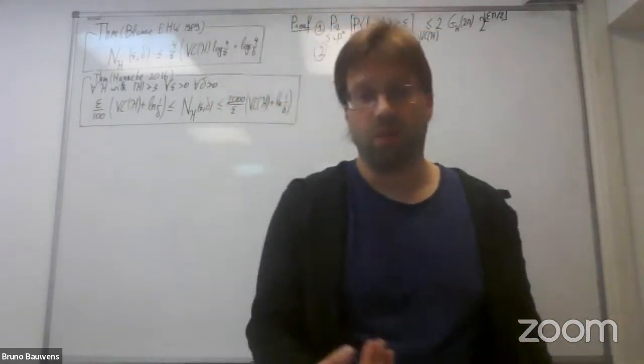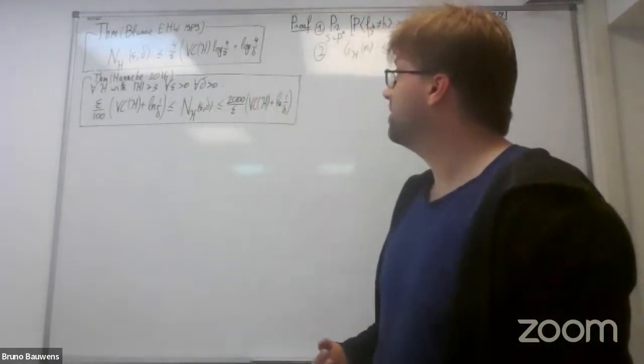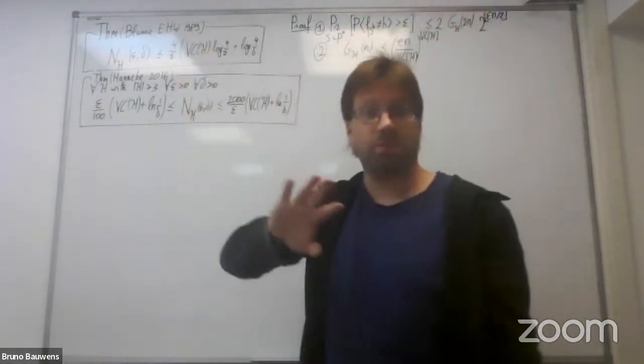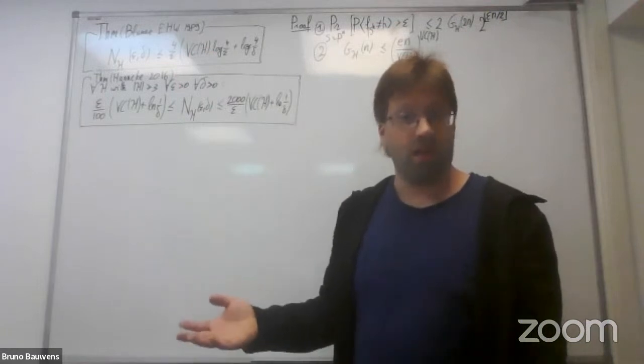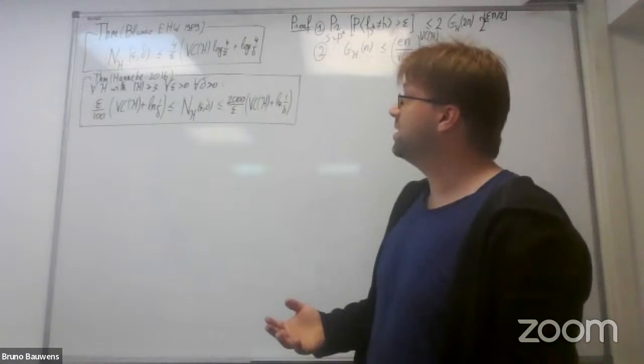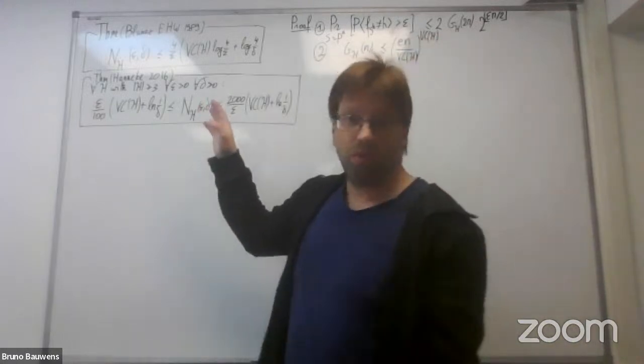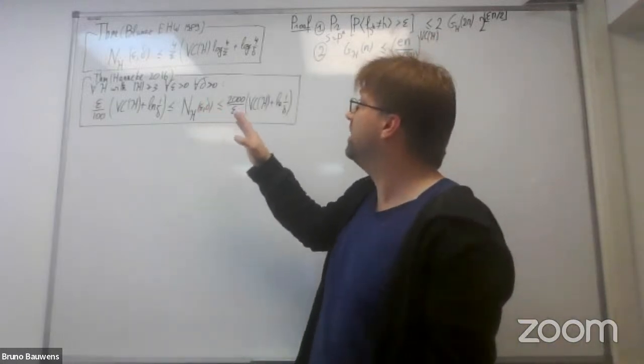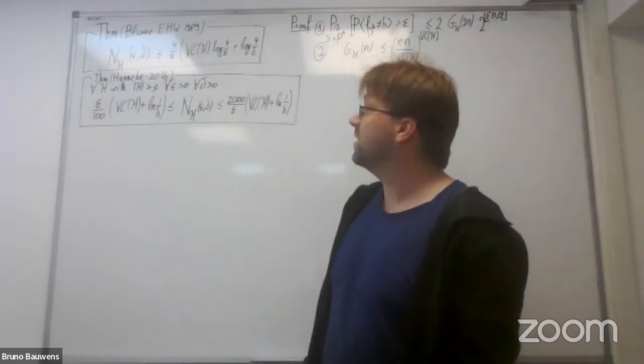However, there exists a combinatorial notion called the VC dimension, and I will explain what it is in the second half of the lecture. It's purely combinatorial, and usually it is easy to calculate or estimate for specific classes.